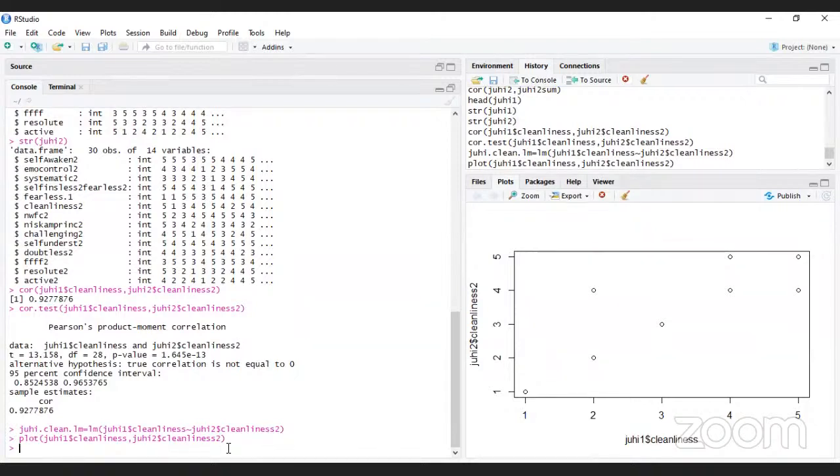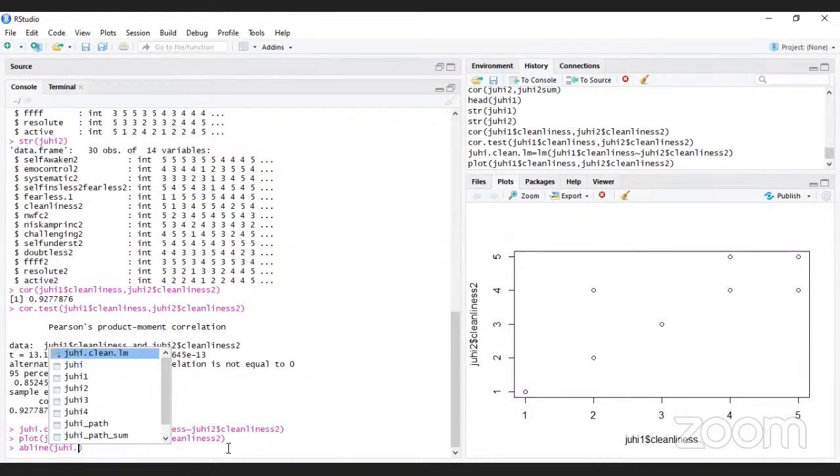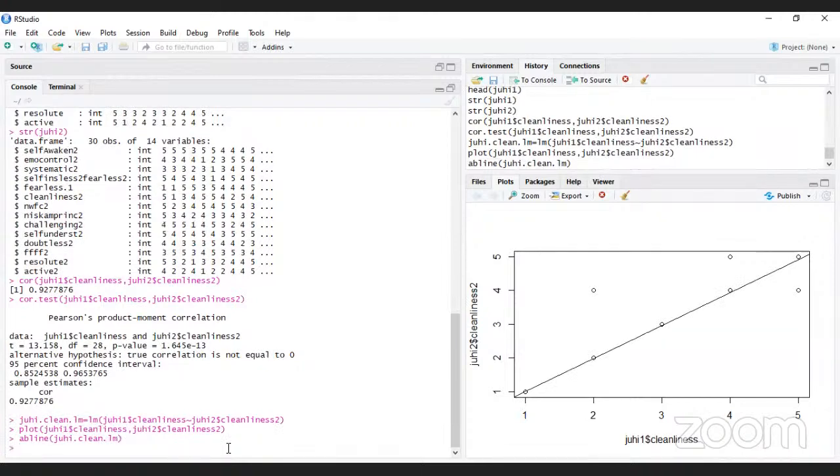Now if I write abline, then what I have written, Juhi.clean.lm, okay, so that is the best fit line.